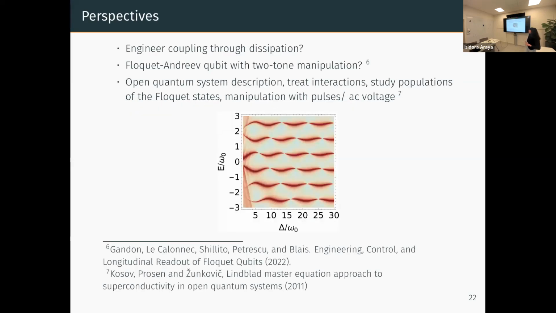Yeah, and I want to leave you with some, well, there are a lot of open questions, but maybe what I want to do next, for example, is go back to the single junction and think about a Floquet Andreev qubit. So if we have this kind of spectra and we add a second drive, we could drive transitions between the ladders.